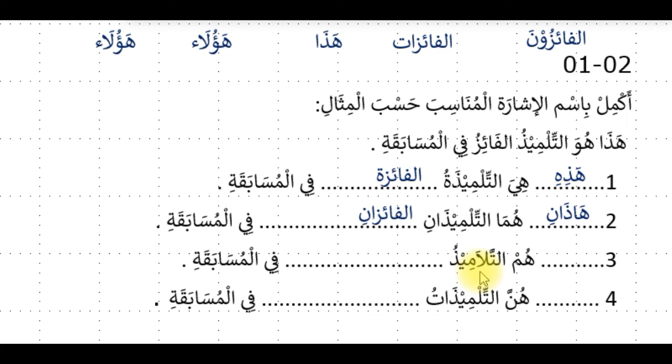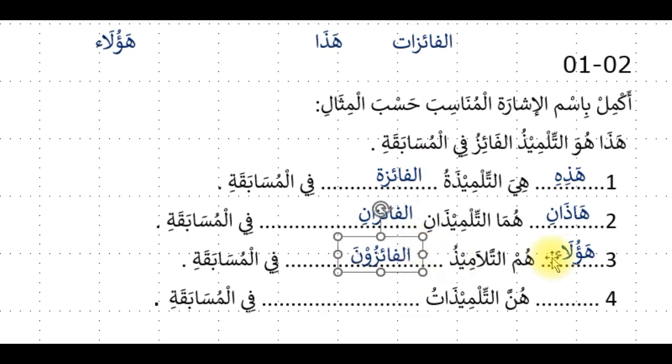So what demonstrative should we use? هؤلاء, these. فائز, الفائزون. هؤلاء هم تلاميذ الفائزون في المسابقة.